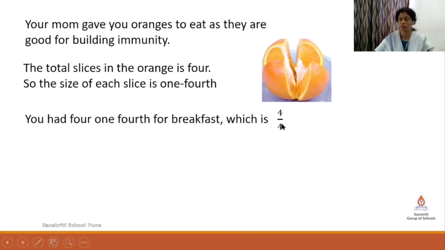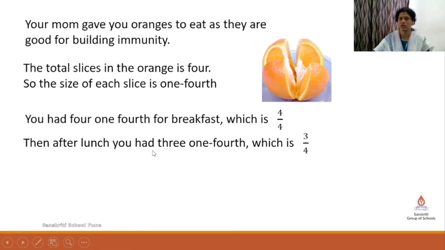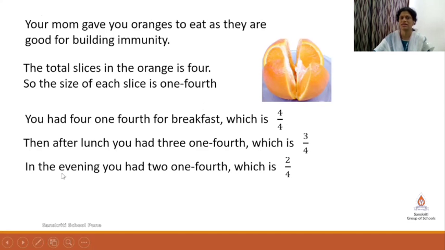The fraction is 4/4, and 4/4 is one whole. You had one whole orange for breakfast. After lunch, you had 3 1/4s, which is 3/4. In the evening, you had 2 1/4s, which is written as 2/4.